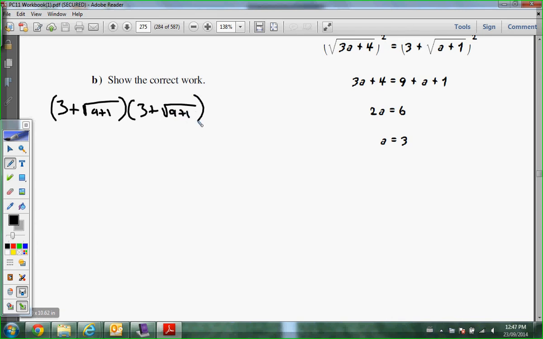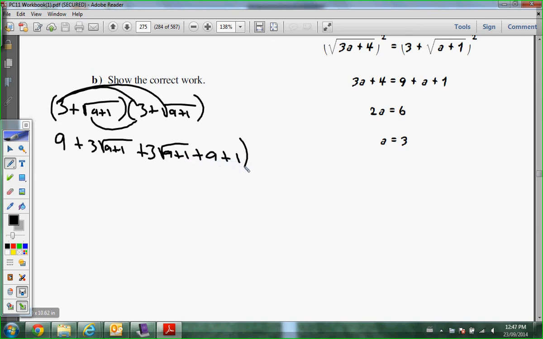Okay, so FOIL: 3 times 3, there's a 9. He had that. 3 times root a plus 1 is 3 root a plus 1, plus another 3 root a plus 1, and plus a plus 1. That's what it would come out to. I got that last piece because root times root just makes the root go away.